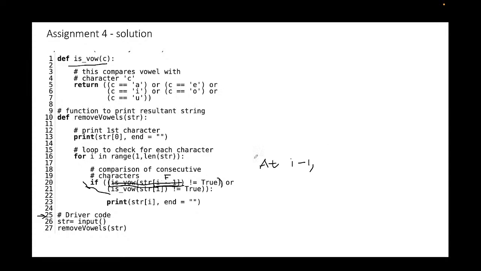I'm evaluating this statement, it will be true not equal to true. Okay, so I'm evaluating till here, left of OR. Is this statement true? No. It's like saying 1 is not equal to 1. So that is false, right?